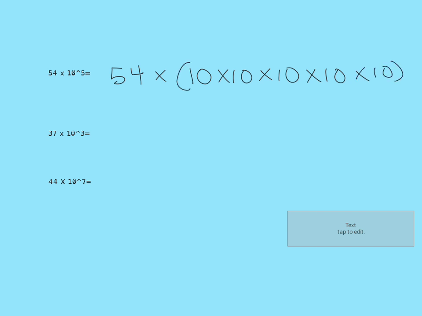Okay, that's a lot of tens. So now we can see why we would want to use exponents, because it's a lot easier than writing out 10 times 10 times 10 times 10 times 10.